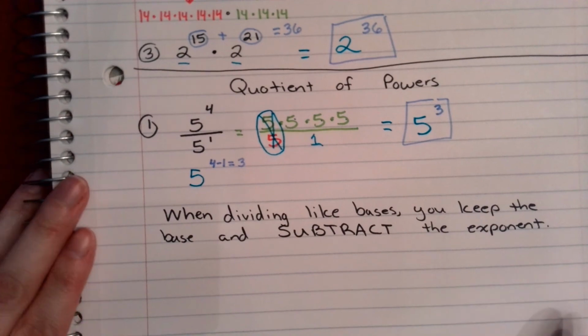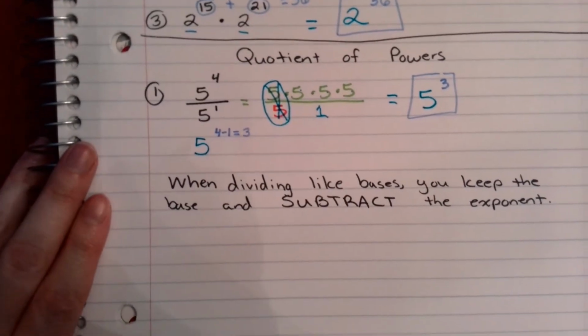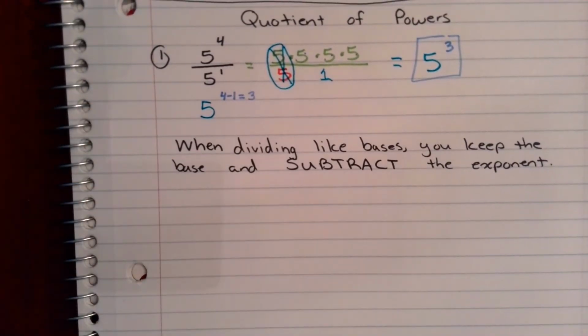All right. When dividing like bases, you keep the base and subtract the exponent.